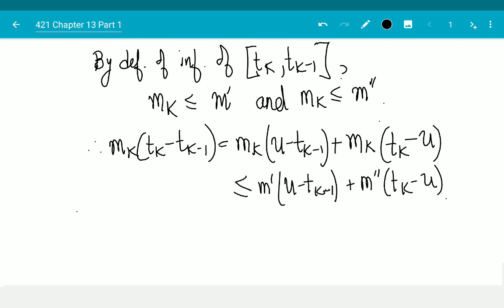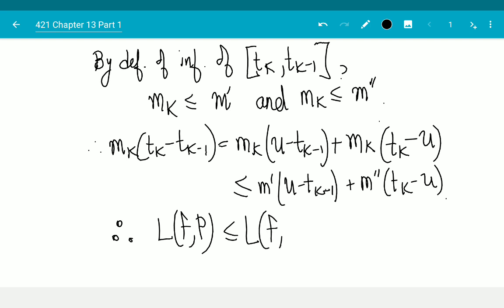Therefore, L f comma P is smaller than or equal to L f comma Q.